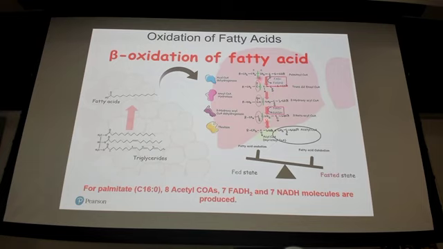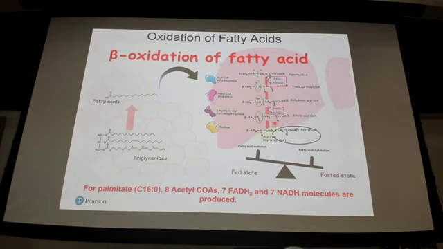This green horizontal line represents the bond between the beta and alpha carbon. The beta carbon undergoes 4 different modifications, resulting in the cleavage of acetyl-CoA in the final step shown here. This 4-step reaction produces 1 acetyl-CoA.